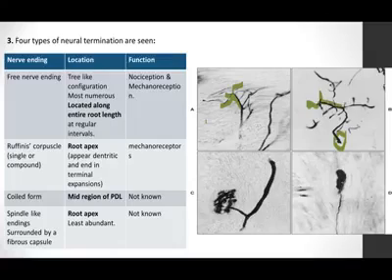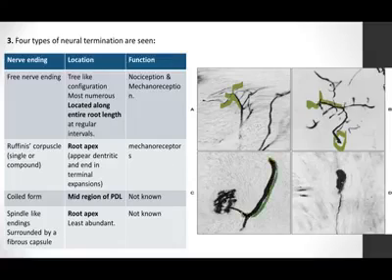These terminal expansions are called the Ruffini's corpuscles. They could be single or they could be compound. This type of termination is present only at the apex of the root, and it functions in mechanoreception.